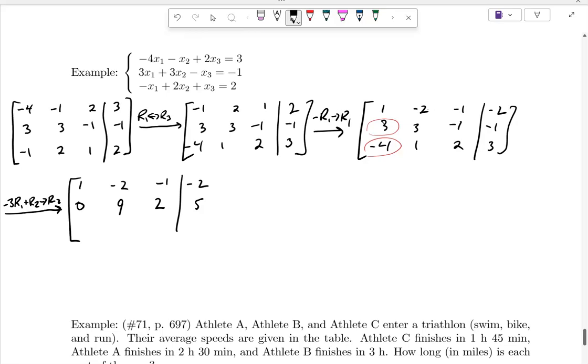We also need to replace the negative 4. So we'll do 4 row 1 added to row 3, replace row 3. Somewhere along the line, did I flip a negative somewhere?